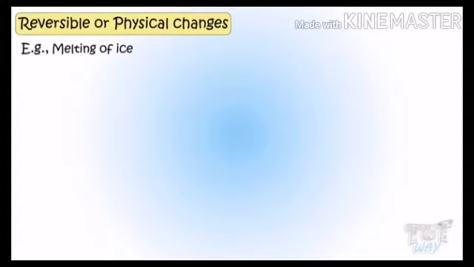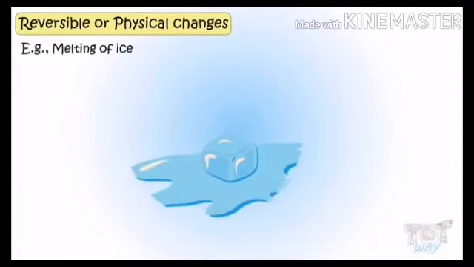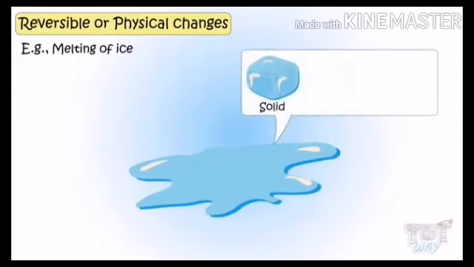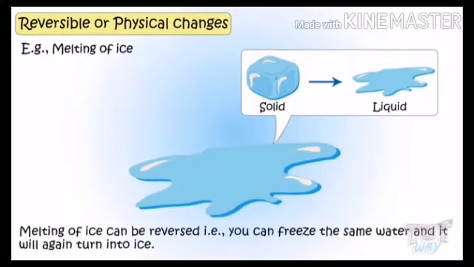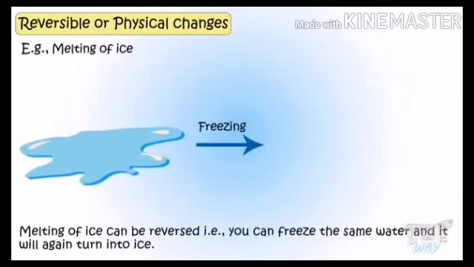Next example is melting of ice. When a cube of ice is taken out of a refrigerator, it starts to melt and changes into water. That is, the ice is in solid form, it changed into liquid form. Okay. It turns again into ice. How?